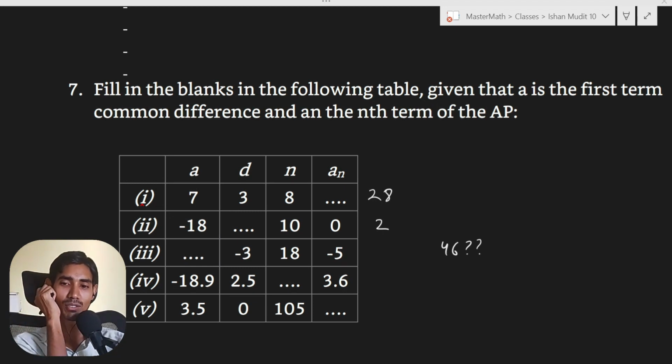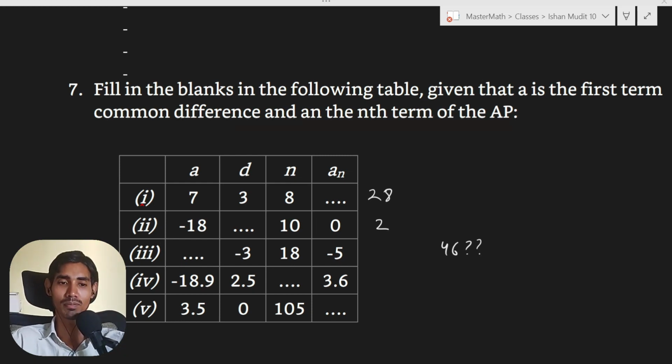You should solve it. Because 0 is there, it's not D is 0. So what's the answer? 3.5. Okay, there must be some mistake. I think D might be 10. Let me confirm the question. It's unlikely to be 0, but you will get the marks if it is the value of D.